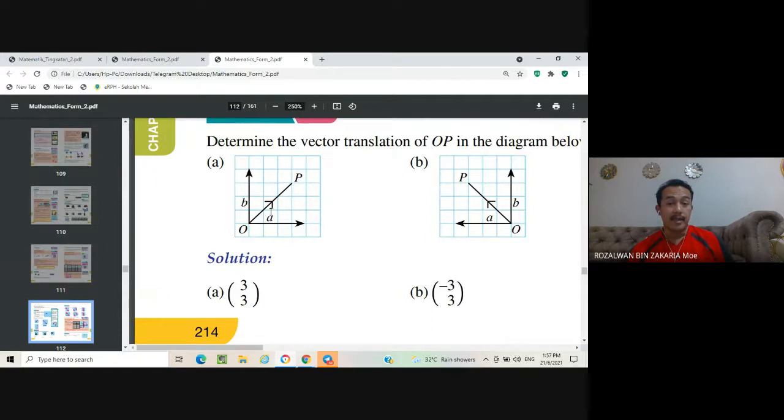That means we need to identify the movement parallel to the x-axis first. So starting here to become P, it moves 1, 2, 3, 3 units to the right.